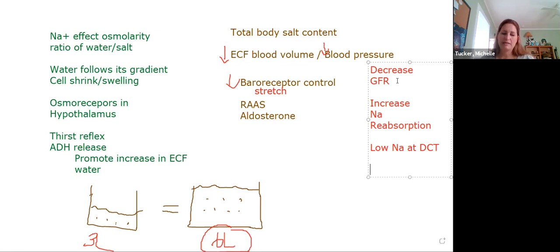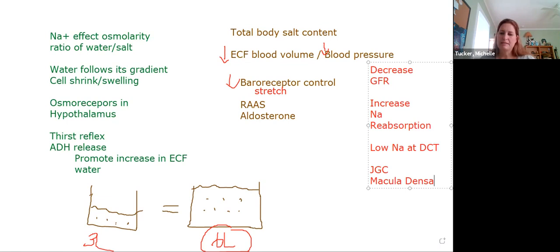Then we get to that juxtaglomerular apparatus or complex, and it has macula densa cells. The macula densa cells sense that there's low sodium. And so it's like, that's kind of interesting.